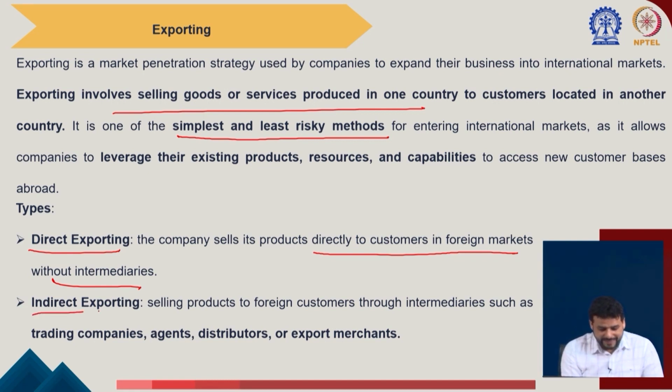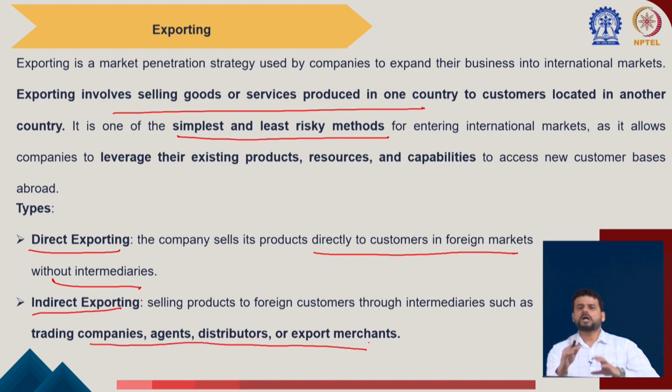Then in indirect exporting, we have trading companies, agents, distributors or local courier partners who are delivering our services. Let us say I am selling some products in the UK market. I may have one distribution or order fulfillment center in the UK.